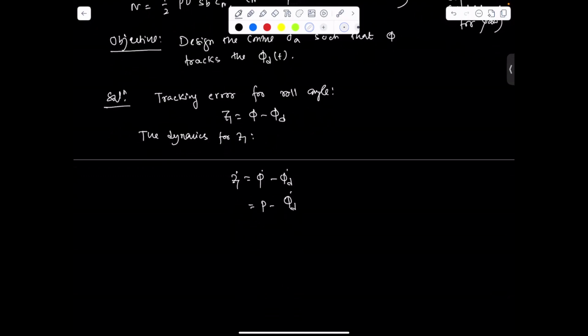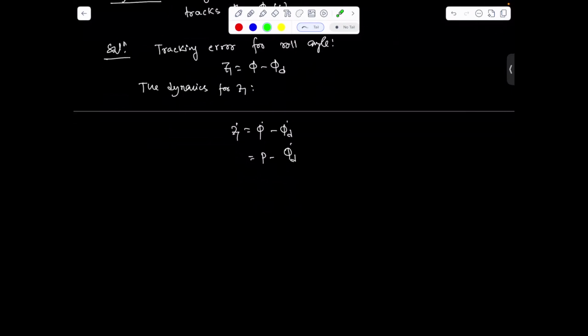So here, the way you have done in the previous lecture, p can be assumed as a virtual control for z1, which can be denoted as alpha or lambda, whatever parameter it is, up to us.